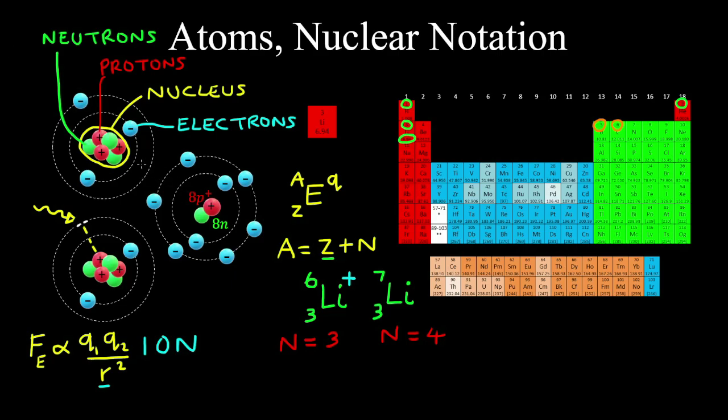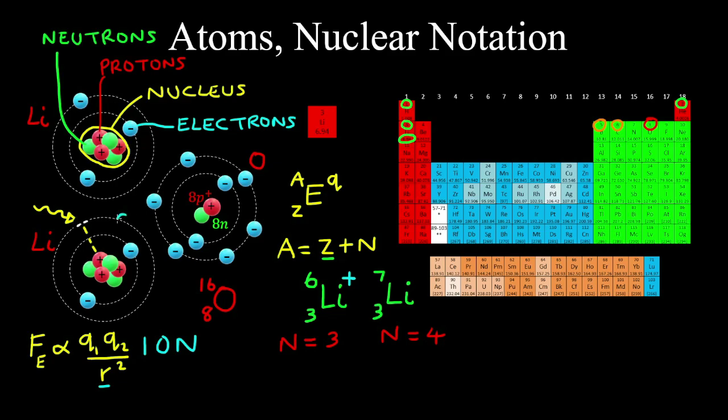So for example, given 2 lithium atoms and an oxygen atom, so here we see oxygen has an atomic number of 8, so it has 8 protons in a nucleus, and in this case we have 8 neutrons. So this isotope of oxygen has a mass number of 16.